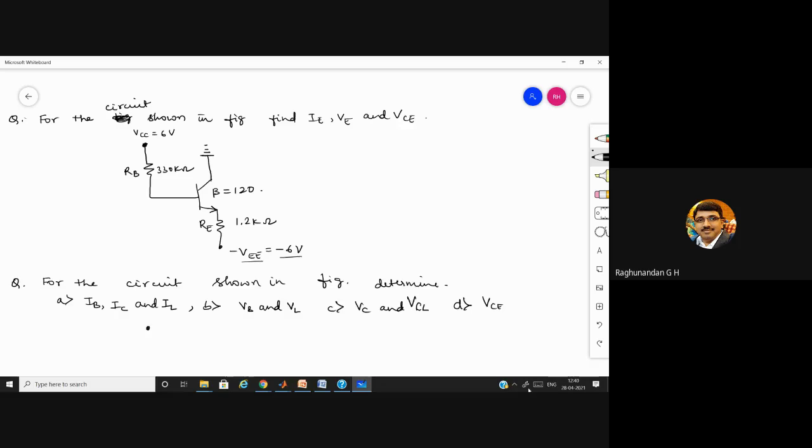For this, we have a circuit like this. This is 12 volt.